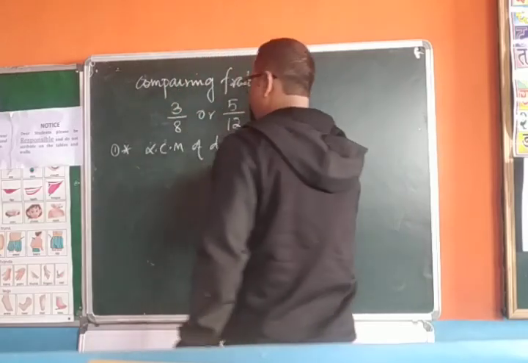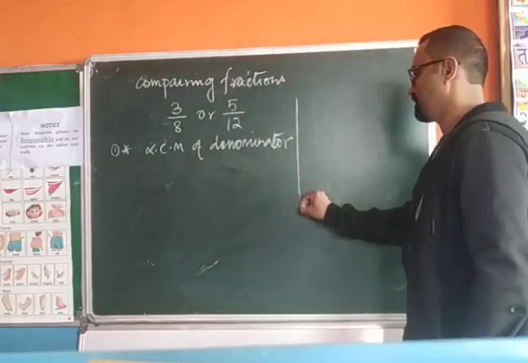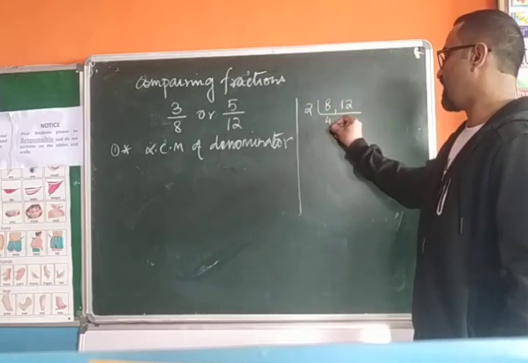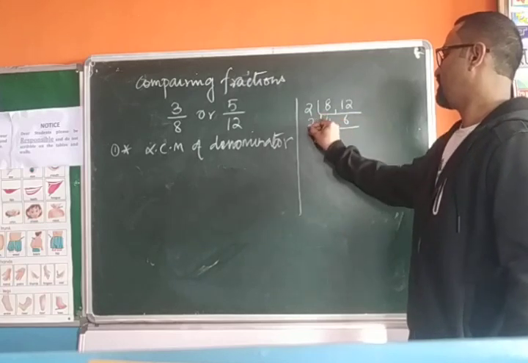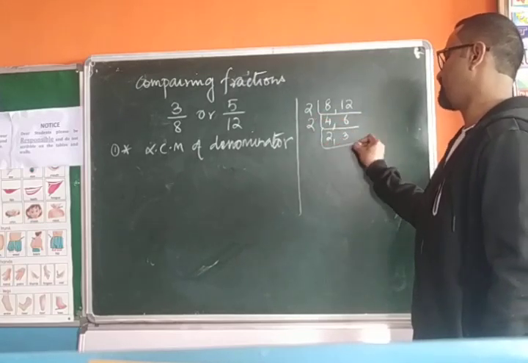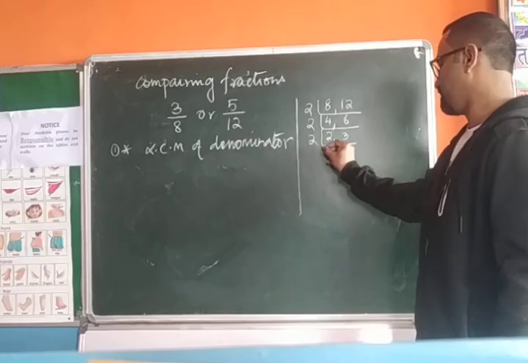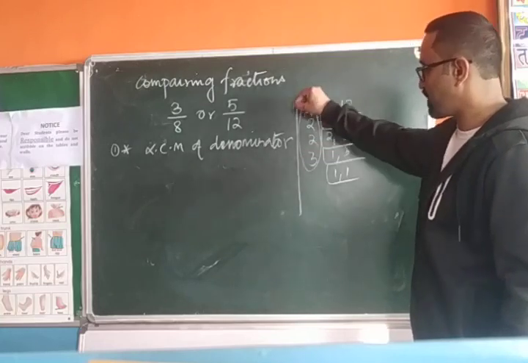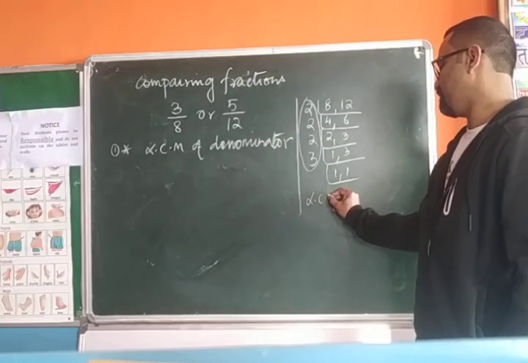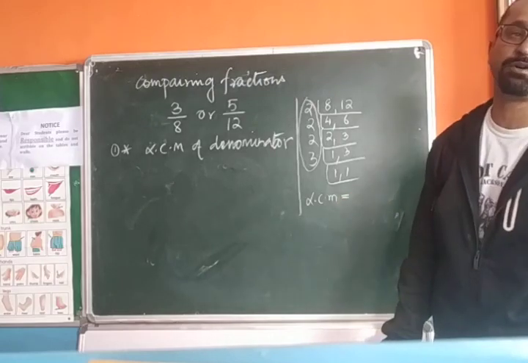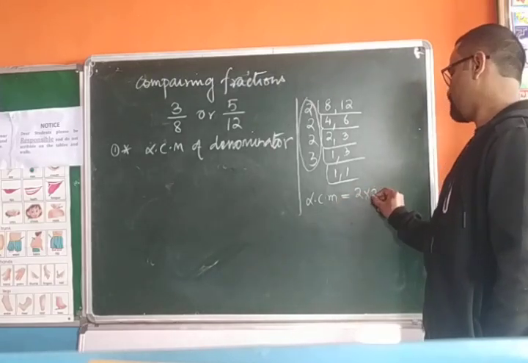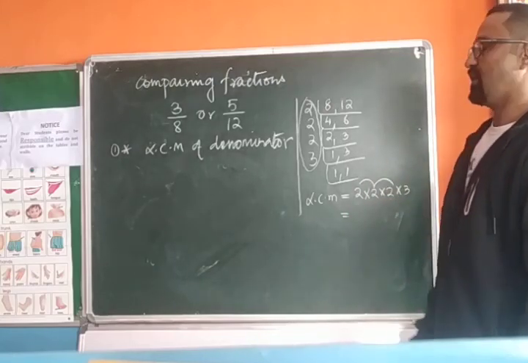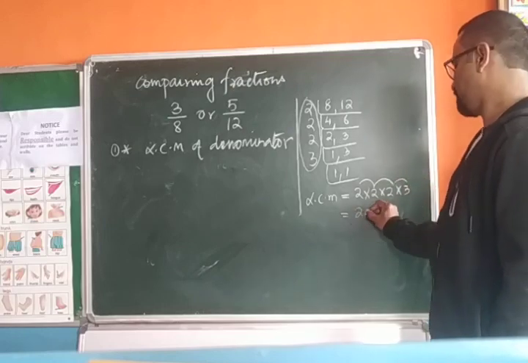We find LCM of denominator at the side. 8, 12, 2 4 times, 6 times, 2 2 times, 3 times, 2 1 3, 3 1 1. Multiply these prime factors. LCM, lowest common multiple, 2, 2, 2 and 3. Multiplied, 8 into 3 is 24.